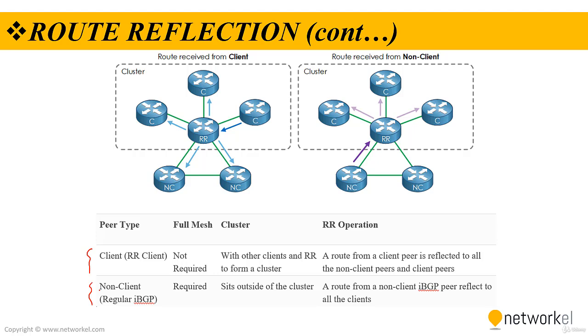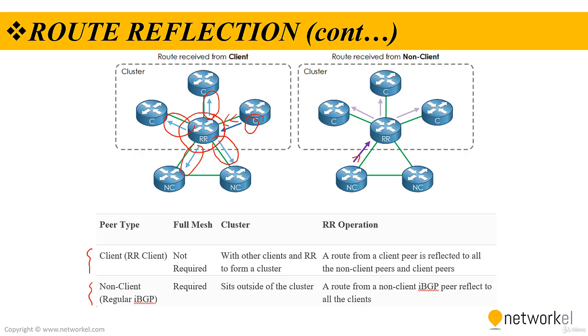So let's summarize what we said now. Let's say this is the route reflector. If it is receiving an update from a client, it is sent to all clients and the non-clients.